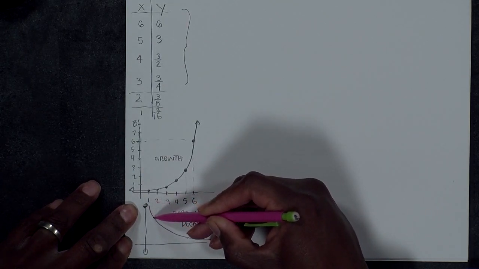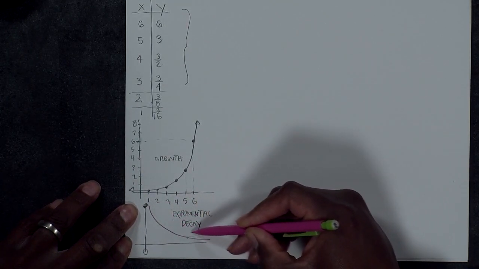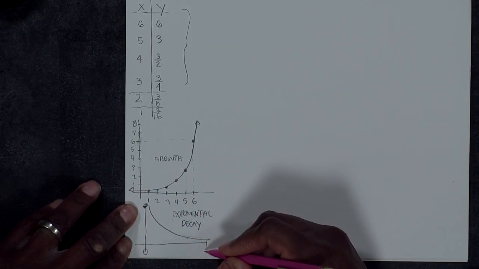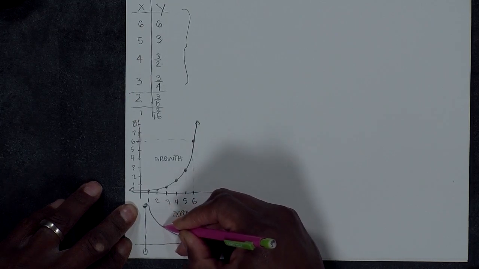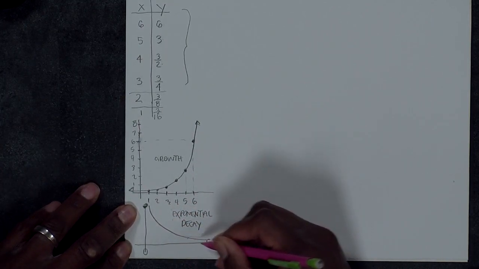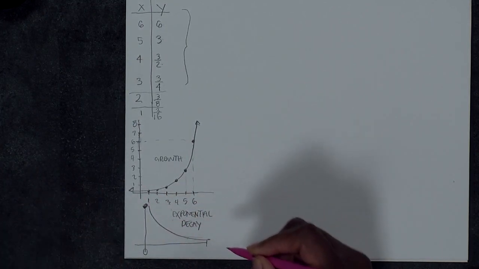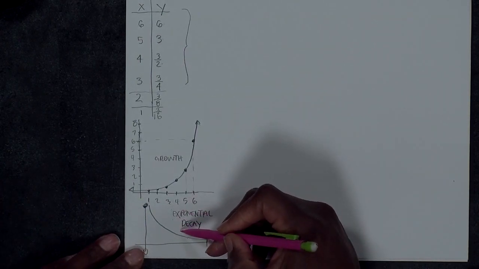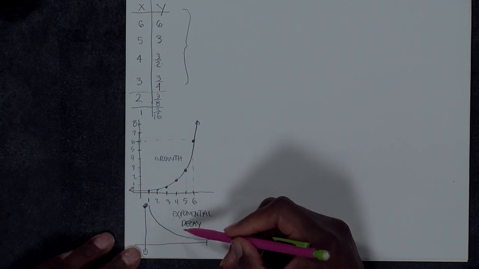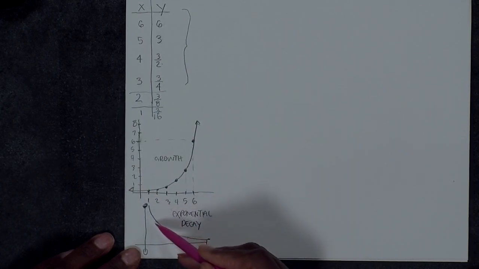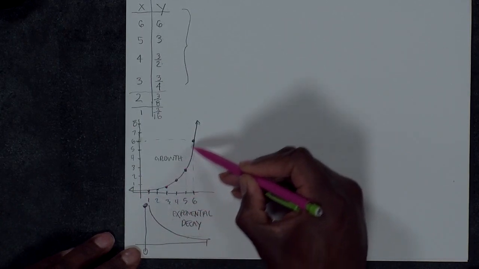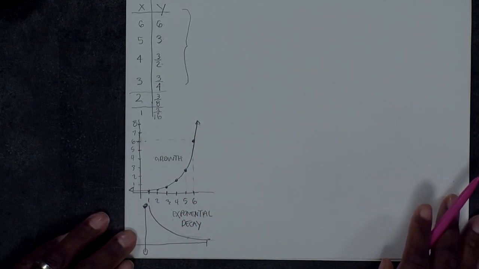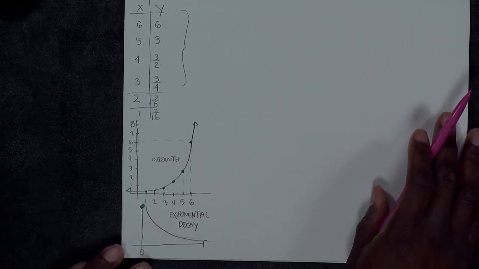After some time, I'm expecting that dirt to go away. That's an off the top of my head example of exponential decay. So some things grow over time, some things decay or dissipate over time.